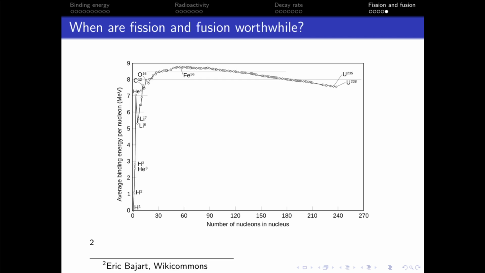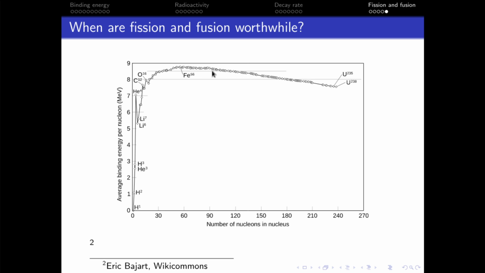And to see where these two types are possible, we'll go back to the graph we had of the binding energy per nucleon, which tells us how stable a given nucleus is, how strongly the nucleons are bound to each other. So in general, fission will tend to be viable when you start at a given nucleus and break it into smaller parts, and you end up with something that is more stable.